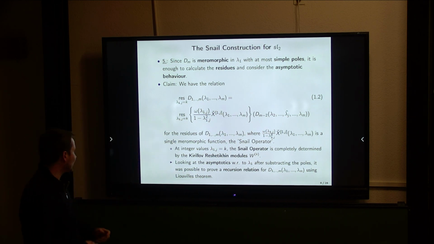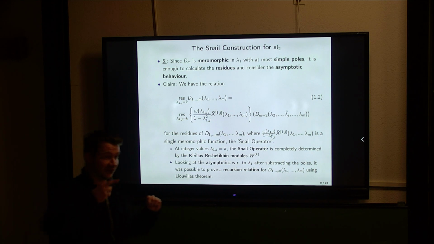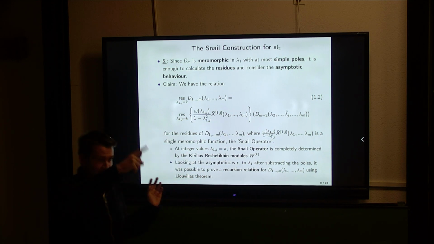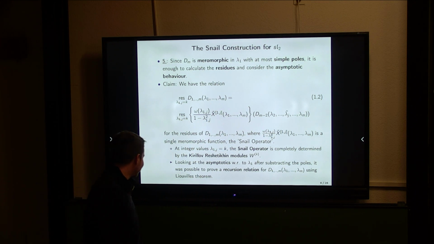Okay. Is this X related to the R matrix? Yeah, it's some product of R matrices. I'm going to show a picture later. It will look kind of like a snail, I would say. Actually, it looks like you are doing a form factor bootstrap.